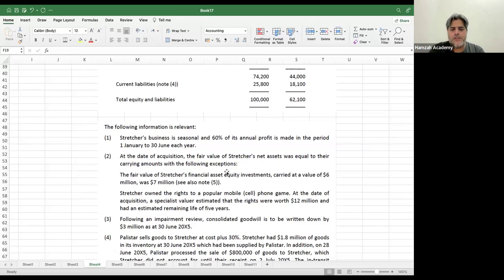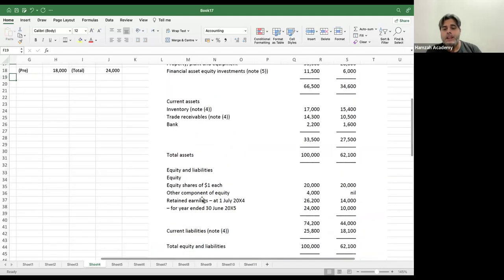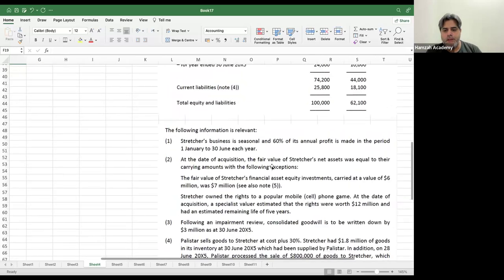One is the fair value of Stretcher's financial asset equity investments carried at 6 million was 7 million. Then at 30th June, the fair value of the financial assets equity investment of Plus and Stretcher was 13.2 and 7.9. So at the date of acquisition, the fair value investment is at 6 million, and it says the value was 7 million.